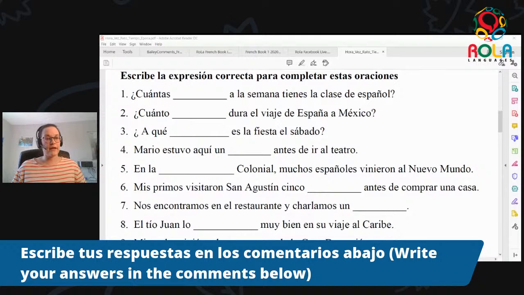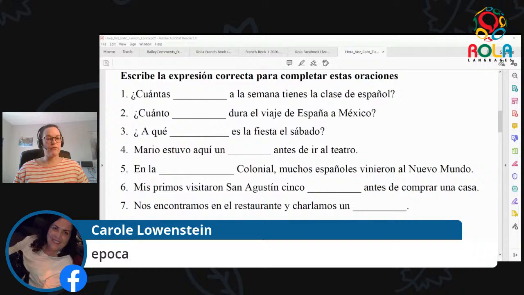We're locating ourselves in history, so as we learned with the historical period, and we have another supporting clue because it says en la, so we know we're looking for something feminine. So for número 5, it's época. En la época colonial, muchos españoles vinieron al Nuevo Mundo.